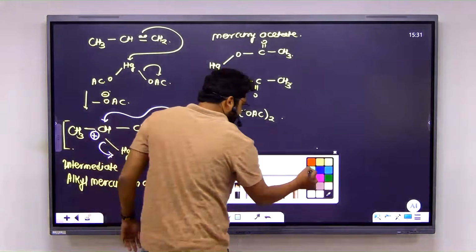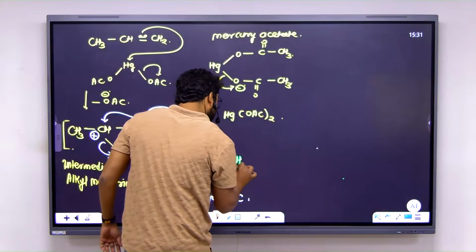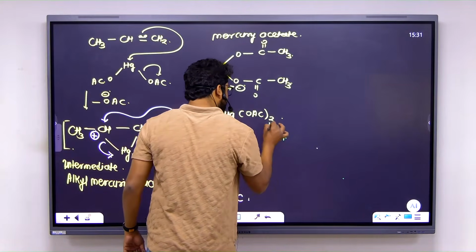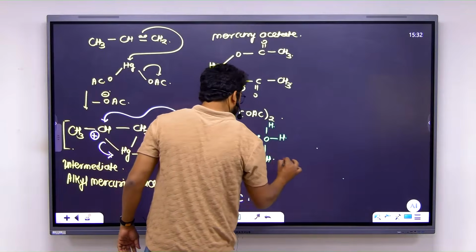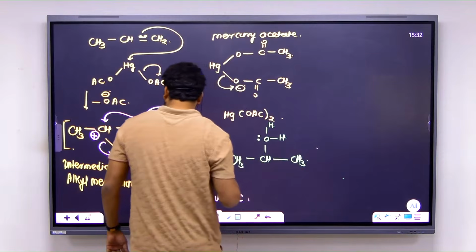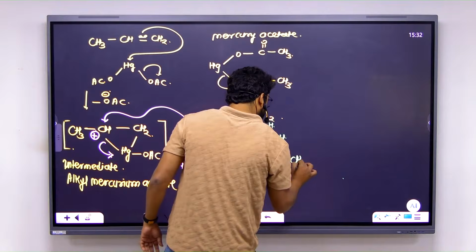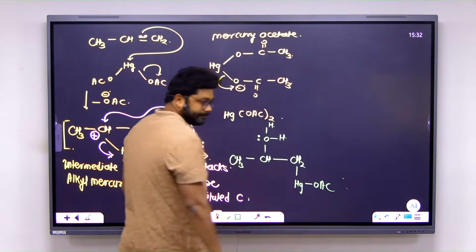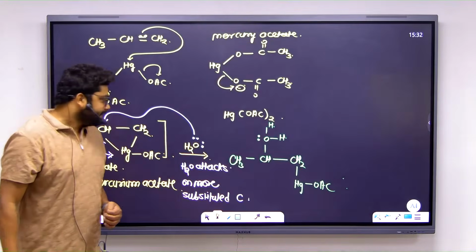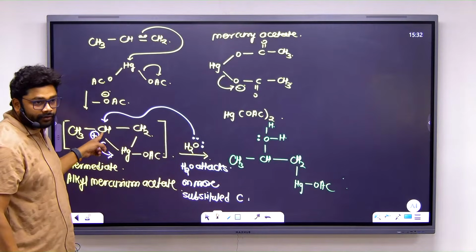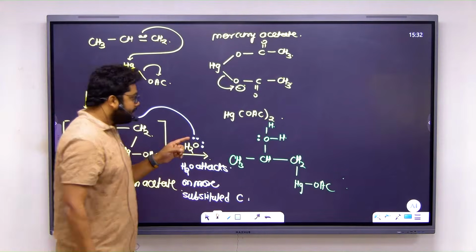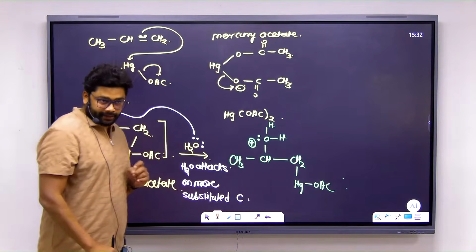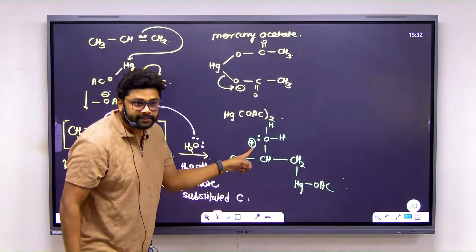Please focus on the intermediate that forms here. That is your CH. Here is an oxygen which has donated the lone pair of electrons. Sorry, this one is your CH2. This is connected to Hg. This is your OAc. Right? By the loss of one lone pair of electrons to the CH, the oxygen here develops a positive charge. Oxygen develops what charge?